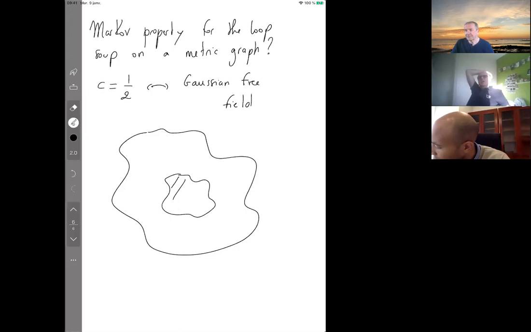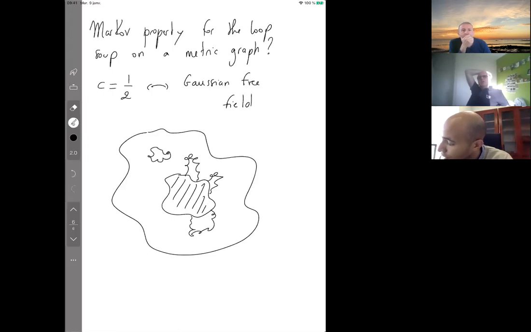So here I have a subset of the graph, and I look at the trace of my loops outside this subset. I will have some excursions like this, or also some loops which do not intersect my subset.